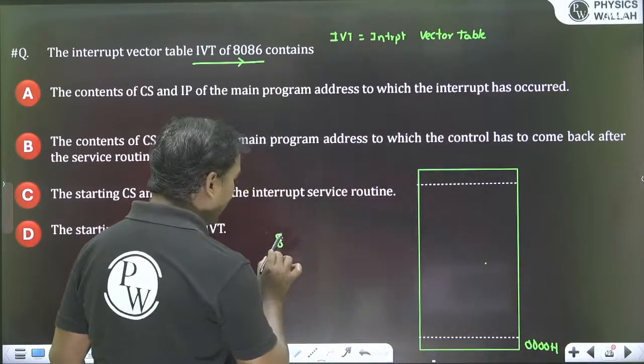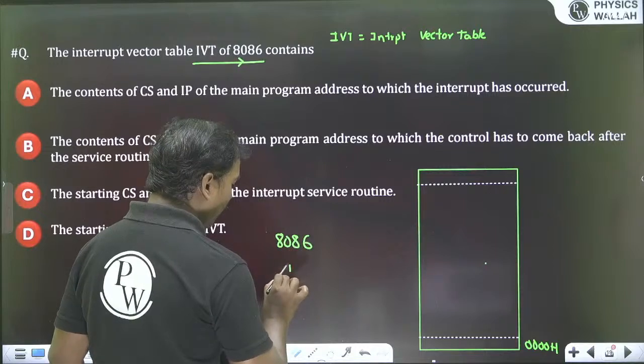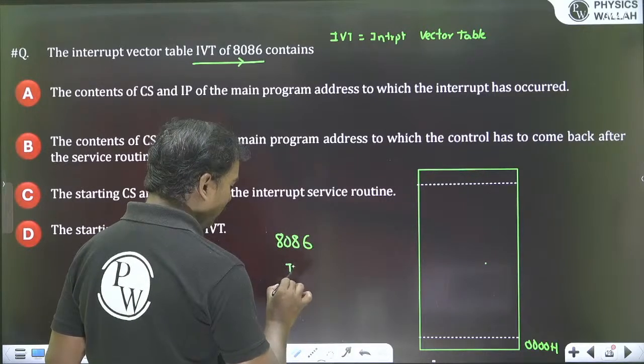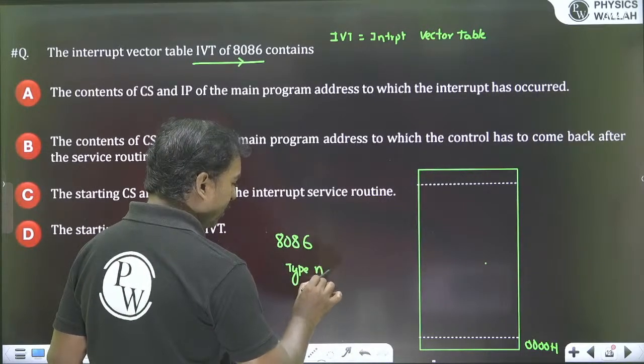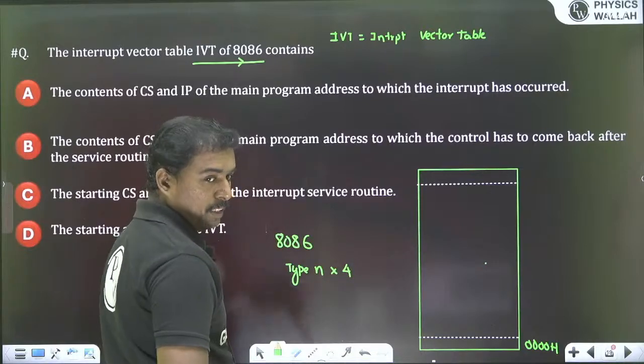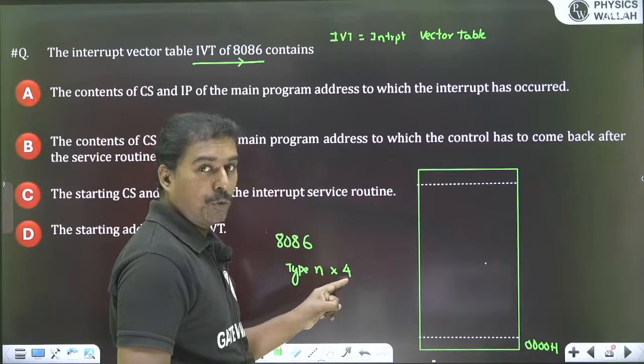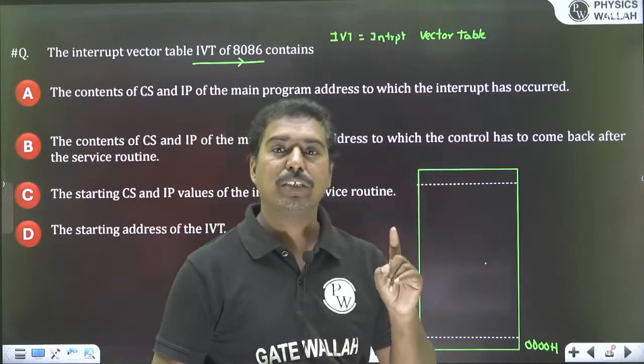In 8086, whenever an interrupt occurs, the type number is multiplied with 4, my dear. In 8085 it is multiplied with 8.